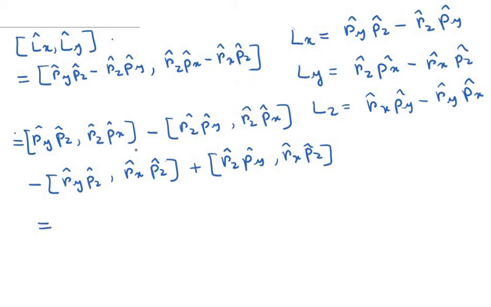Now note which parts in these equations do not really commute. First let us go to the first term. Note that this ry basically commutes with pz, and this px also commutes with rz.